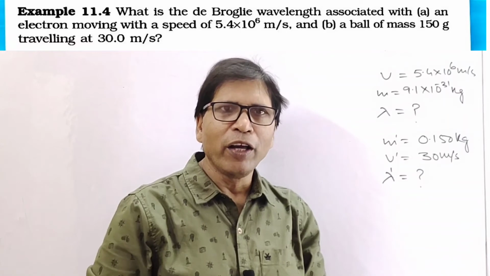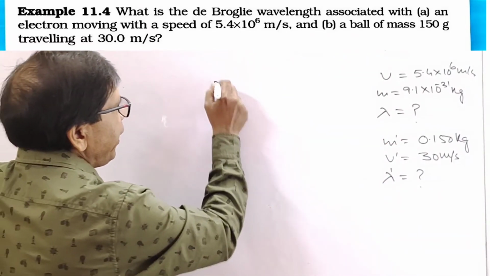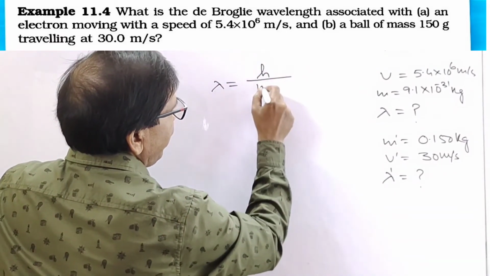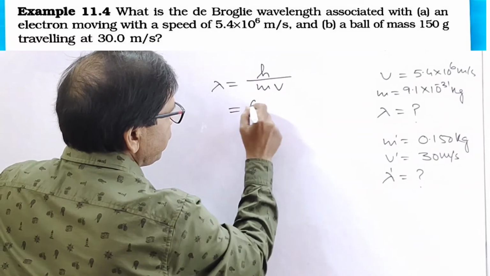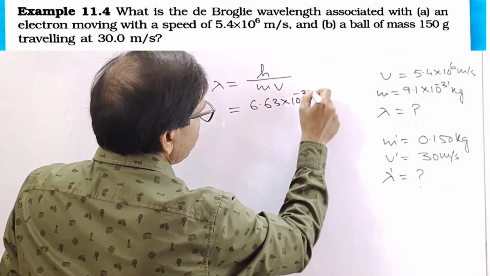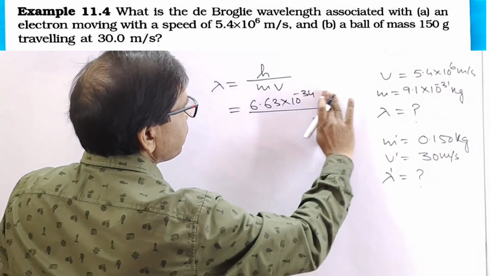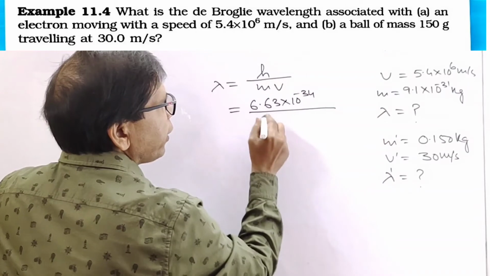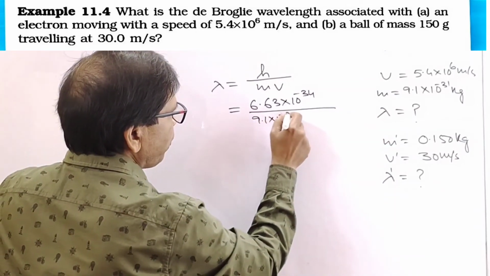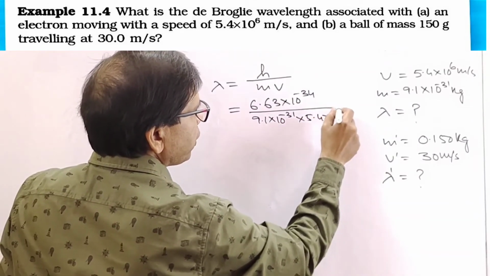First of all, the de Broglie wavelength of the matter wave: lambda is equal to h by m into v. h is 6.63 into 10 to the power minus 34 joule second, mass is 9.1 into 10 to the power minus 31, and velocity is 5.4 into 10 to the power 6.